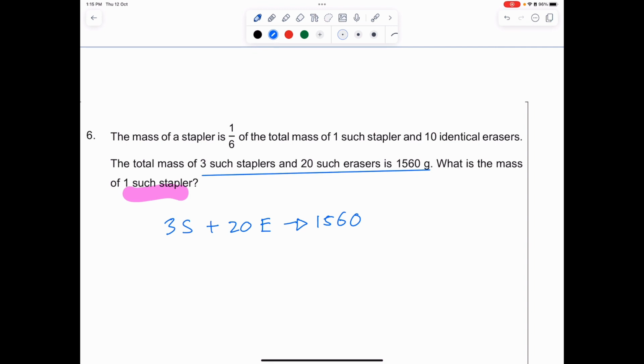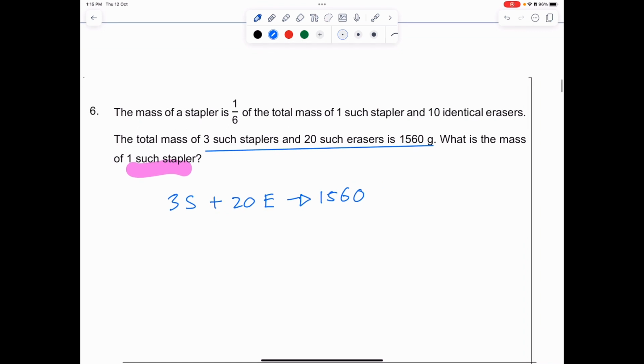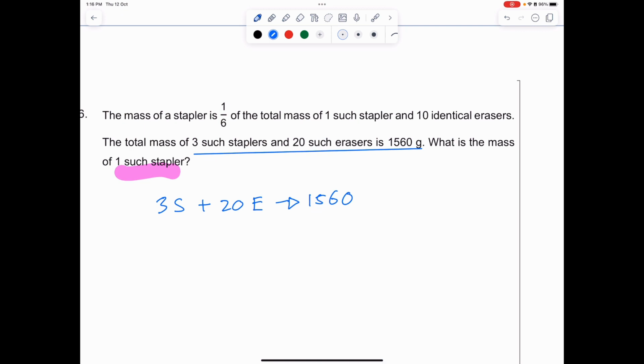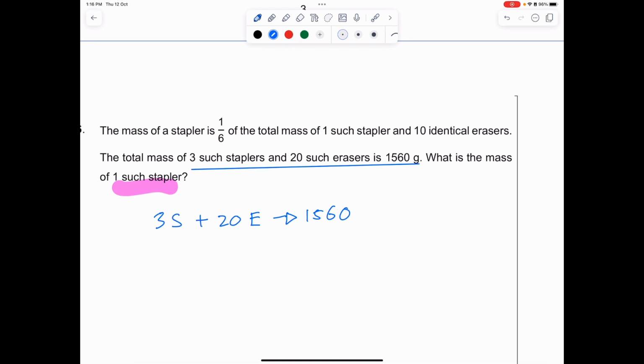So granted that we know this, we can then look at this. Now we can take the mass of the stapler as 1 unit. Maybe I'll make it a little easier by doing it this way.